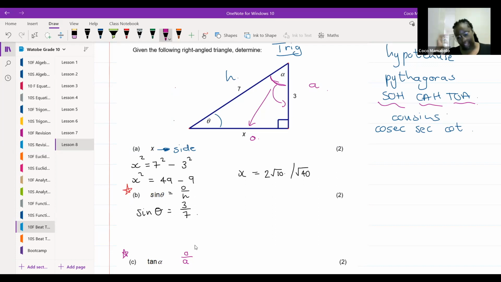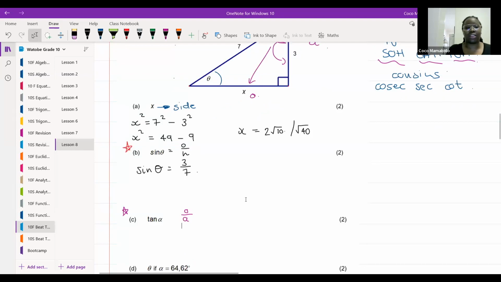See, this time you got it. So we know that tan is opposite over adjacent. And then it says here, opposite is going to be root 40 over 3. Or you can also say that that is equal to 2 root 10 over 3. Okay, we can do either of those.